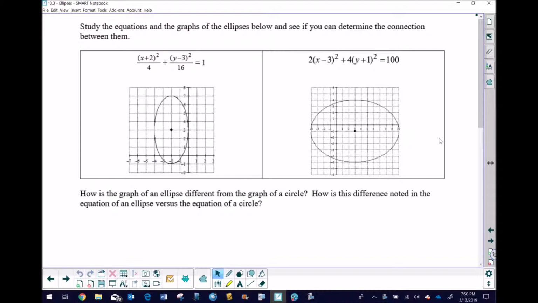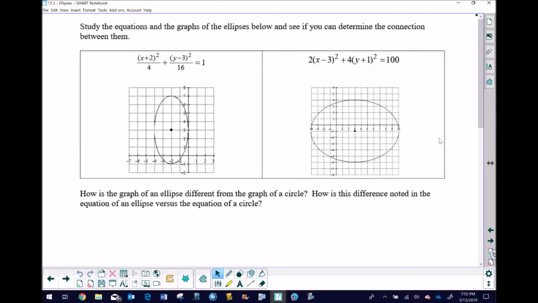Well, when you take a look at the two graphs, you find that they are roundish in nature, but they certainly don't look like circles. And they each have centers, and I think it is fairly obvious what the connection is between the center and the equations.